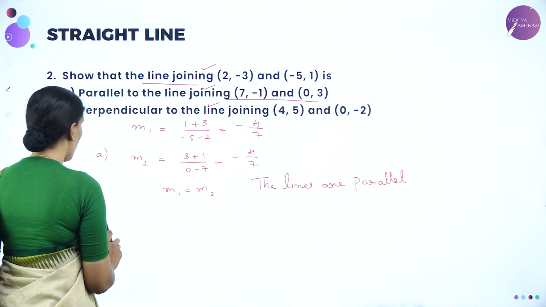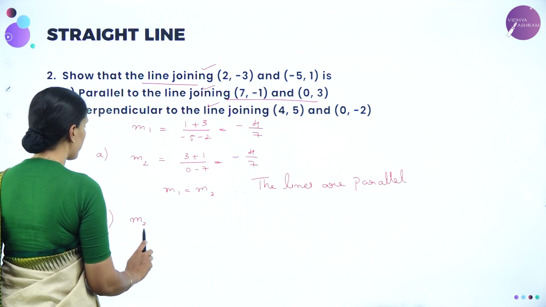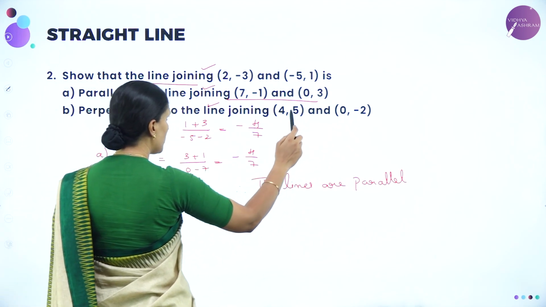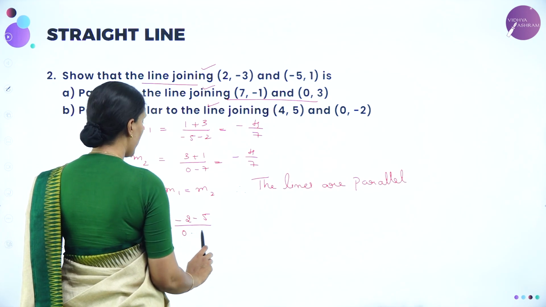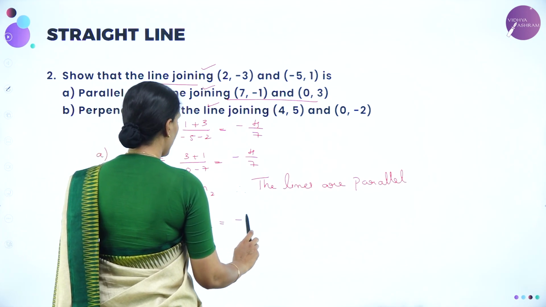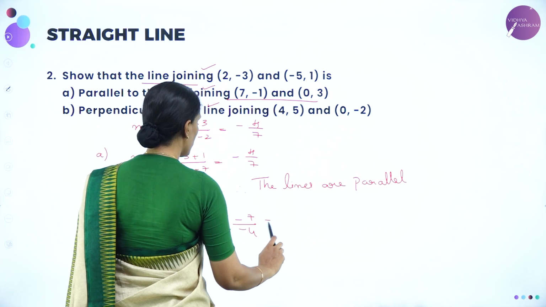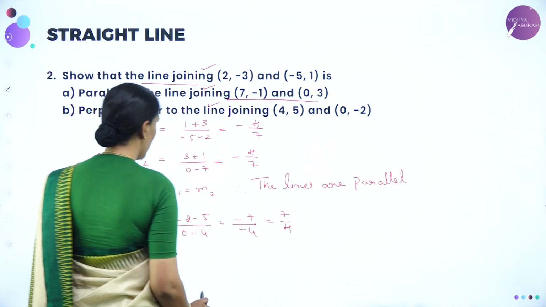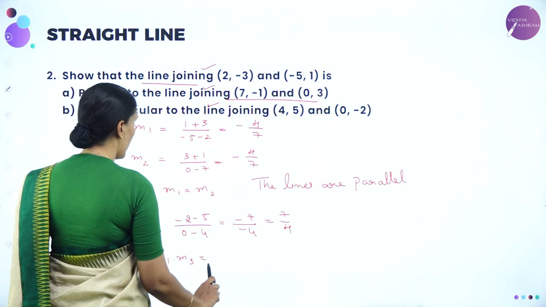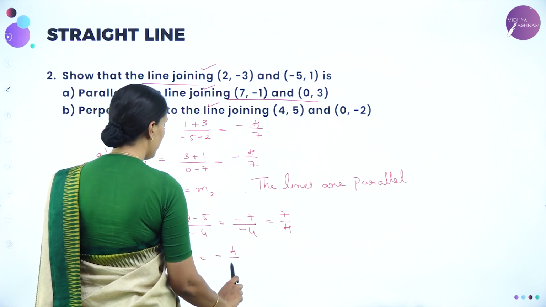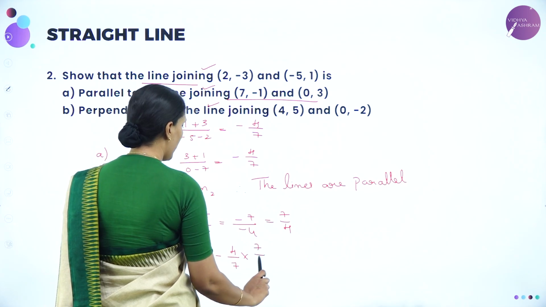Next we'll check the slope M3. (-2 minus 5) divided by (0 minus 4), that is -7 by -4, which is equal to 7/4. Now multiply M1 into M3. M1 is -4/7, M3 is 7/4.